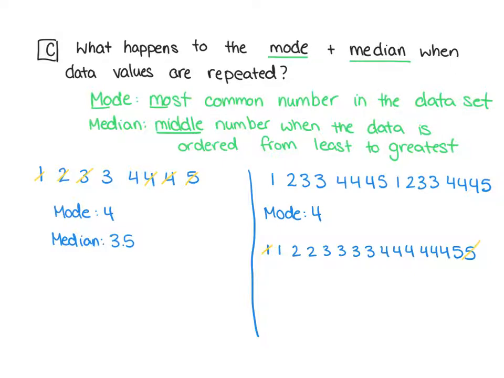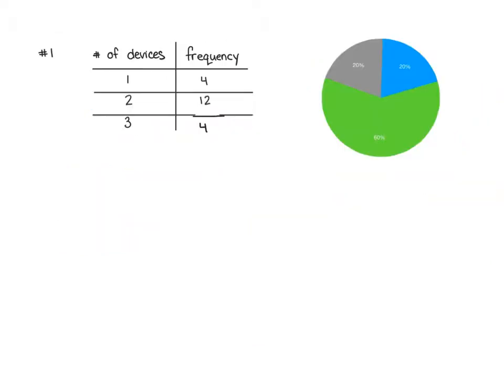Here are my ends, next one. We just take them off two at a time. We end up in the same position where 3 and 4 are the numbers in the middle, so halfway between is 3.5. So our mode and median actually don't change when we repeat the data values.